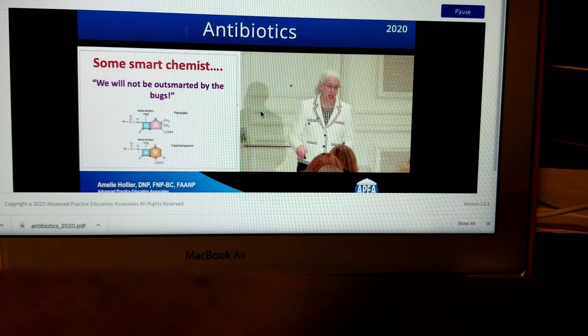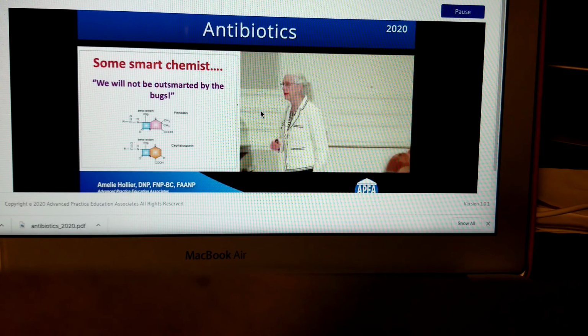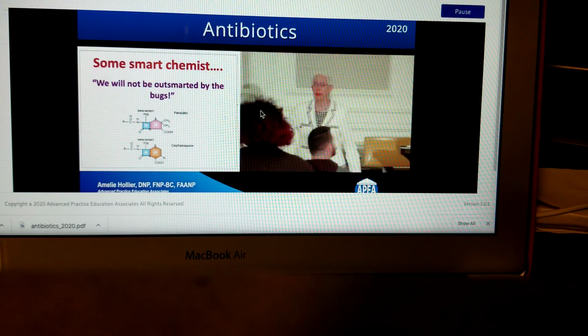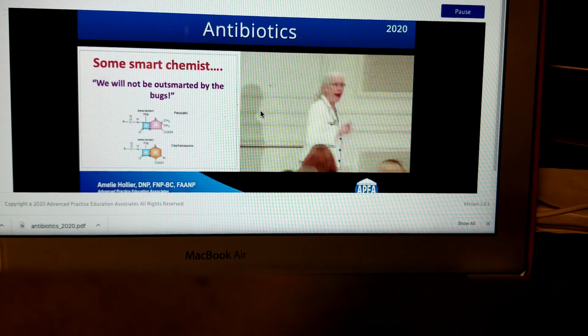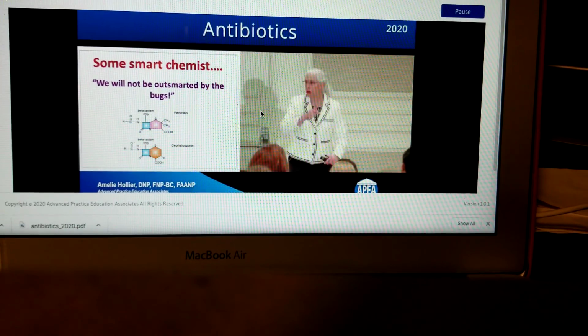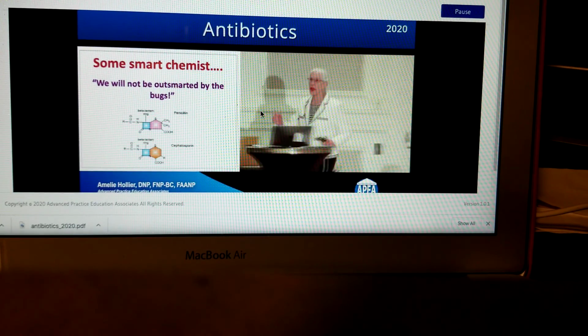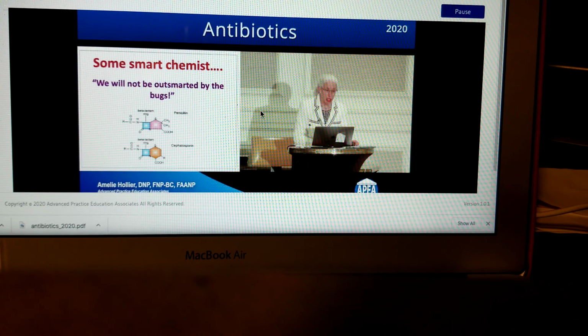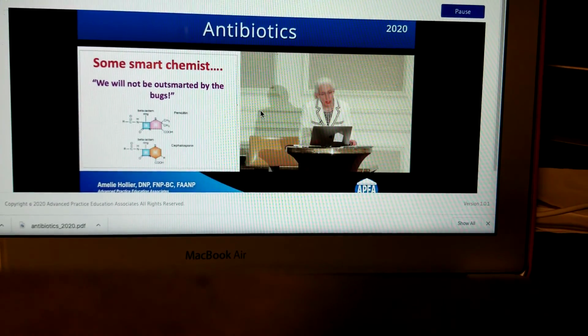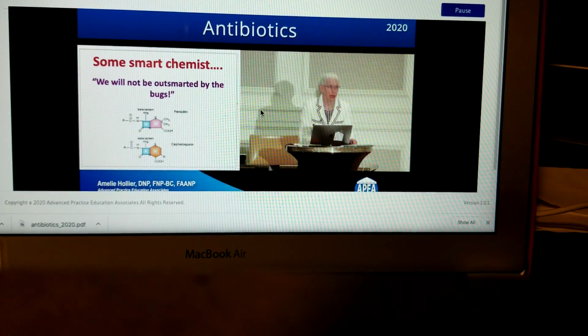So, some smart chemist said, hey, wait a minute. I cannot believe we're going to be outsmarted by these little unicellular organisms. I got a really good idea. I know what we could do. Why don't we take some cheap old amoxicillin? And why don't we just put a cover over the blue box?